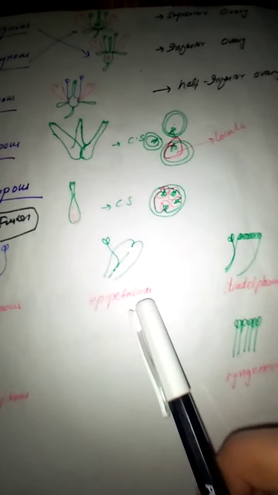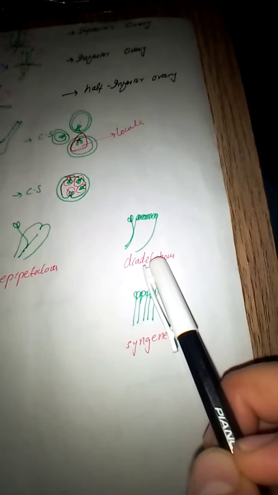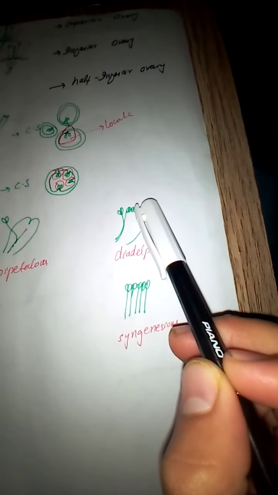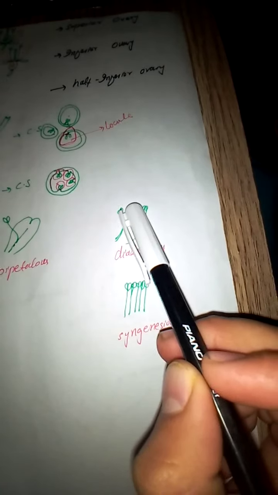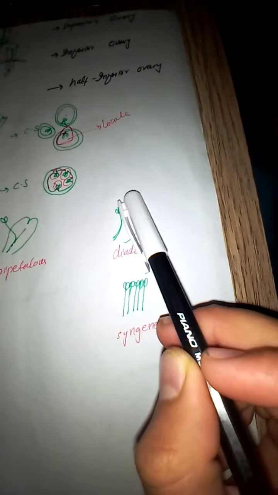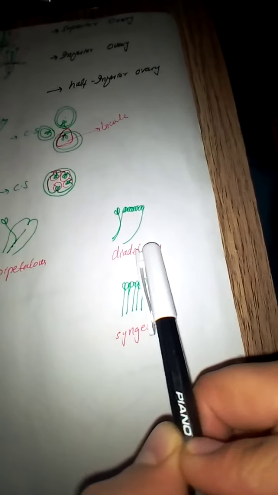This condition is known as epipetalous. Diadelphous is when all the other stamens are completely fused, only one is free from them. Look at the free one. It is fused only at the base. Such condition is known as diadelphous.